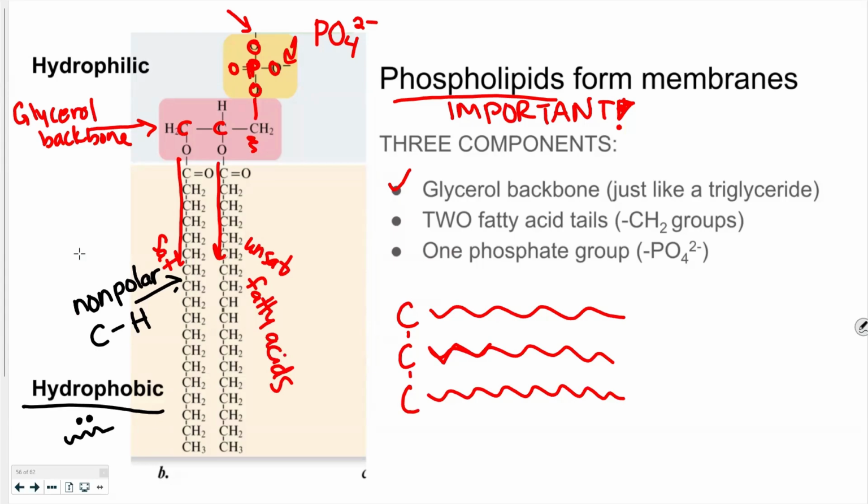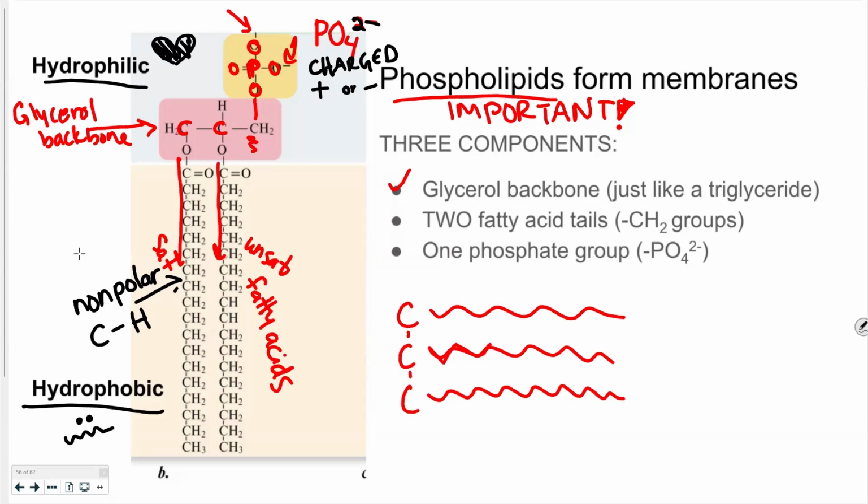Okay, but if we come up here to our phosphate group, we see that we don't have just one charge, but we have two charges. So when we have a charged particle, it can be positive or negative, we're going to be hydrophilic. Yay, we love it. We love water.